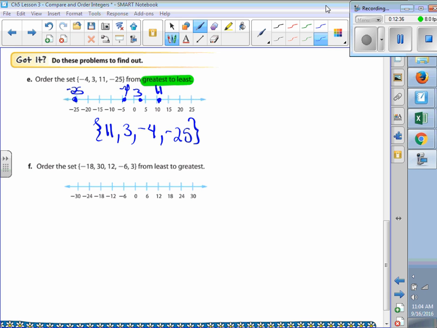Okay, so the next one we're going to order the integers from least to greatest. The first thing we want to do is put them on the number line. We've got -18 right there. We've got 30 way over here. There's 12. -6 is here.